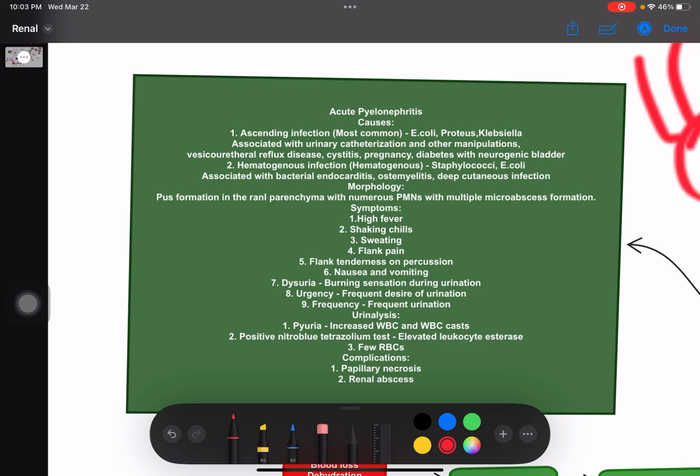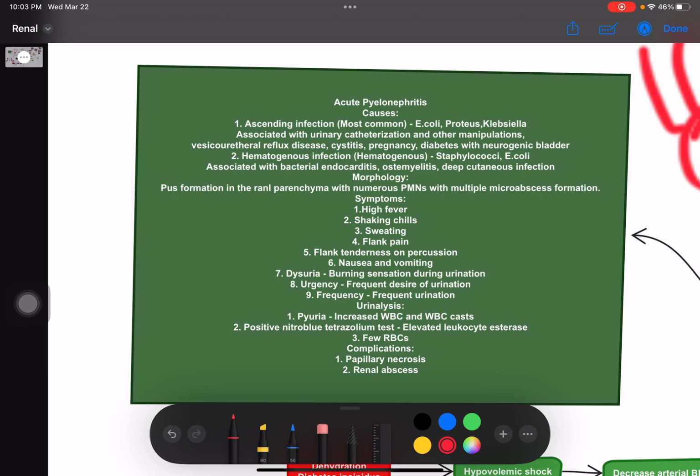In this case, the most common cause, in about 90% of cases, is an ascending route of infection, which causes acute pyelonephritis. Etiologies include E. coli, Proteus, and Klebsiella. In the case of hematogenous infection, which is secondary to, for example, bacterial endocarditis or osteomyelitis, usually caused by Staphylococcus aureus, there can be seeding of bacteria via the bloodstream into the kidney, which can cause acute pyelonephritis, but it's much less common.